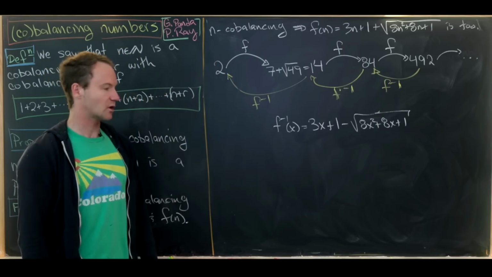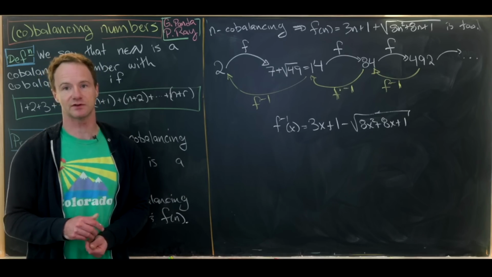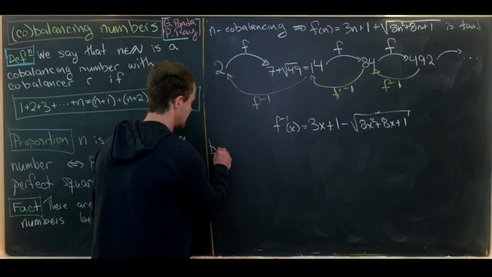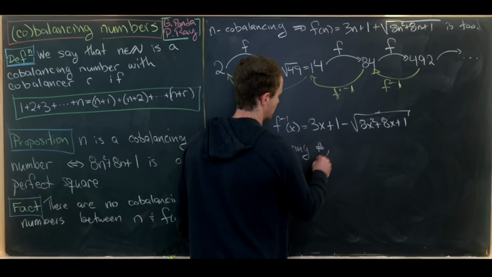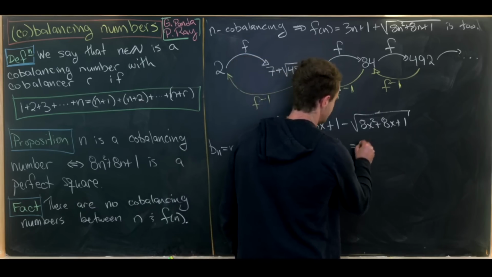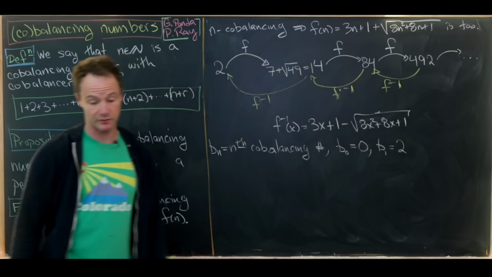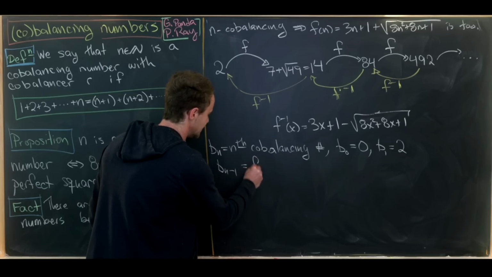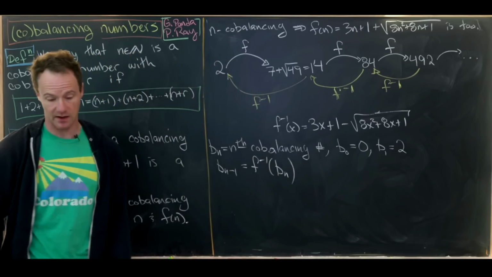Okay, so now let's work from here to a nice recursion on the co-balancing numbers. And in order to do that, we'll introduce some notation. So let's say b sub n is the nth co-balancing number. And then furthermore, let's set b of 0 equal to 0, and then b of 1 will be equal to 2. Great. And then we'll notice that b sub n minus 1 is equal to f inverse evaluated at b sub n.